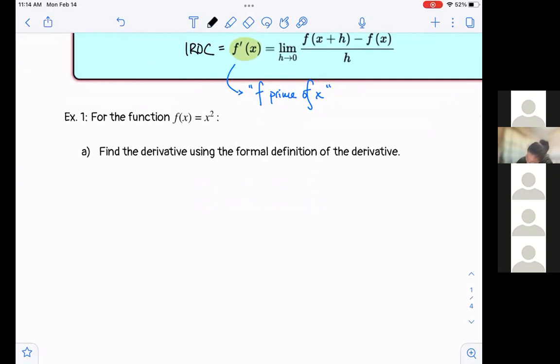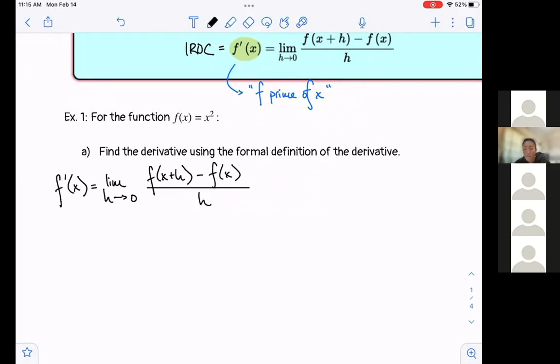So we're going to go ahead and write down that formula: f prime of x equals the limit as h approaches 0 of f of x plus h minus f of x, all over h, okay? Now, the first thing we're going to do is, instead of writing f of x, I want us to write x squared.